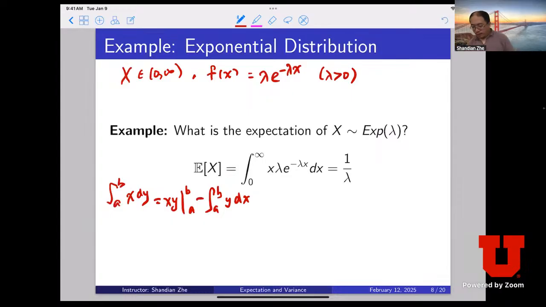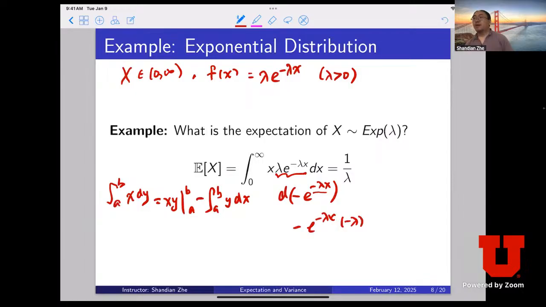For this integration, we're going to leverage the fact that this is actually the derivative of minus e to the minus lambda x. Does it make sense? We can verify this. If you take the derivative of this with respect to x, just memorize the rule: the derivative of an exponential is the exponential of itself, e to the minus lambda x, and then you take the derivative of the exponent, which is minus lambda.